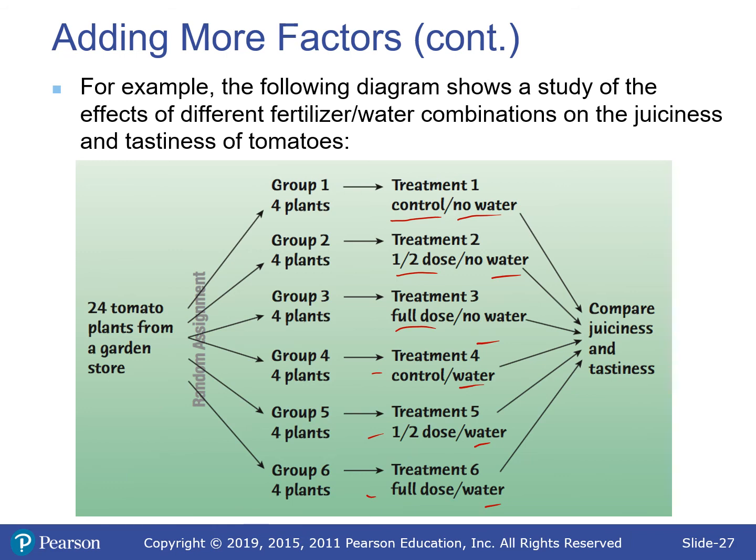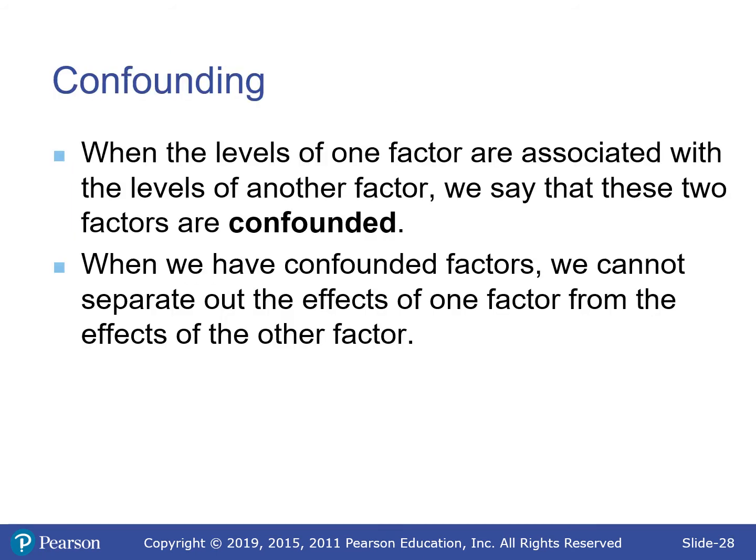But notice we have all the combinations. We wouldn't do control and no water and then fertilizer and water, because then we couldn't tell, well, was it the fertilizer or the water that made the difference? And so when they're associated with the levels of another factor, we say that the factors are confounded.